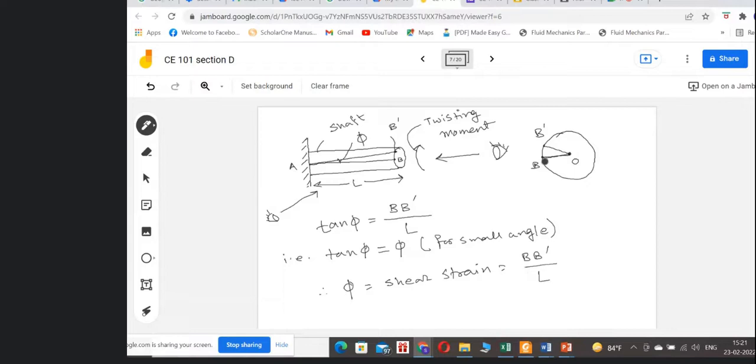Now the initial position was B, making an angle here, and this is the new position B dash. Say this angle is theta.